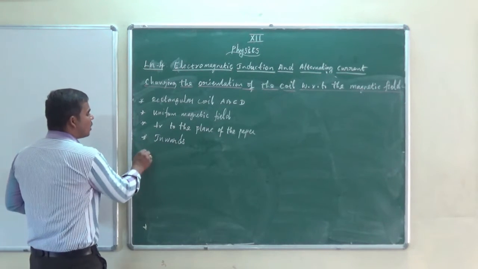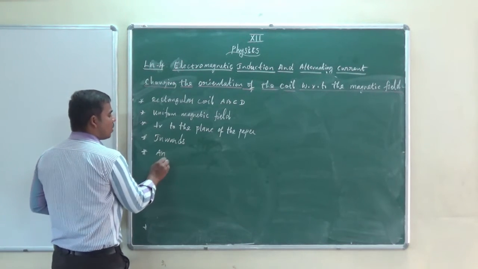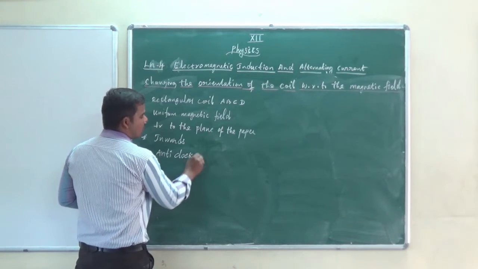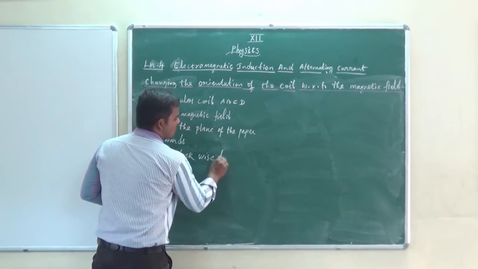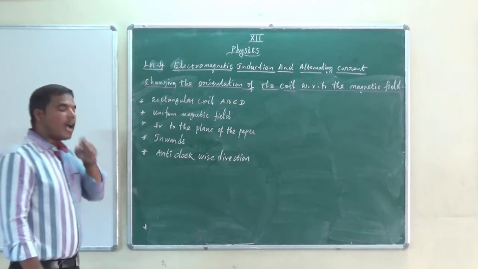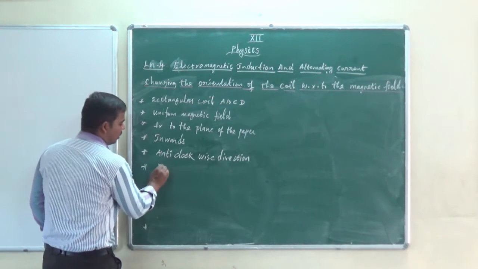And the coil starts to rotate in the anti-clockwise direction in the magnetic field, with angular velocity.